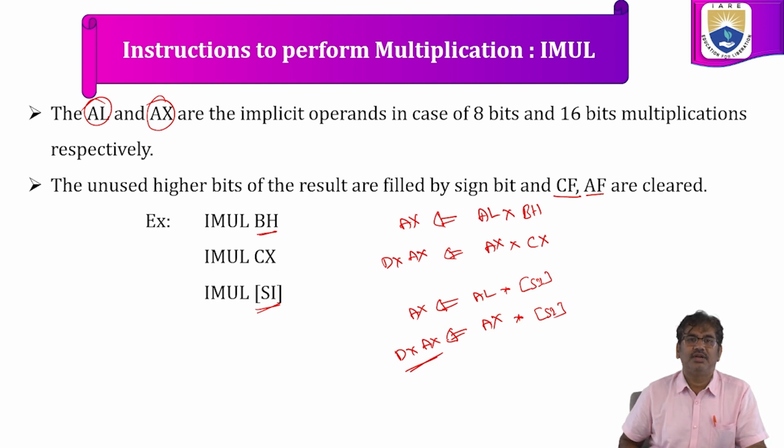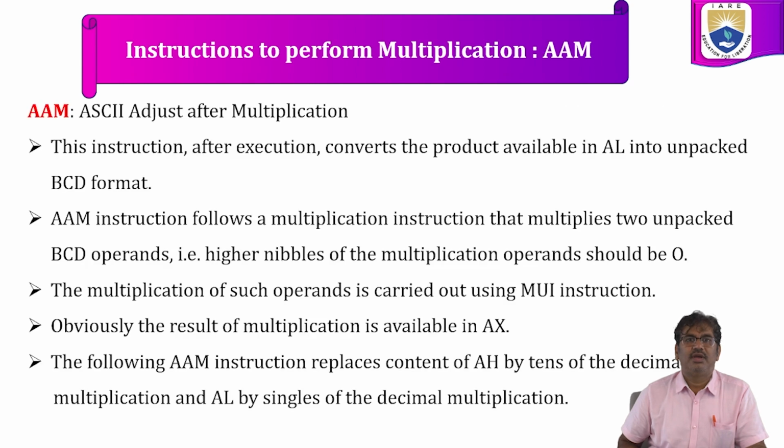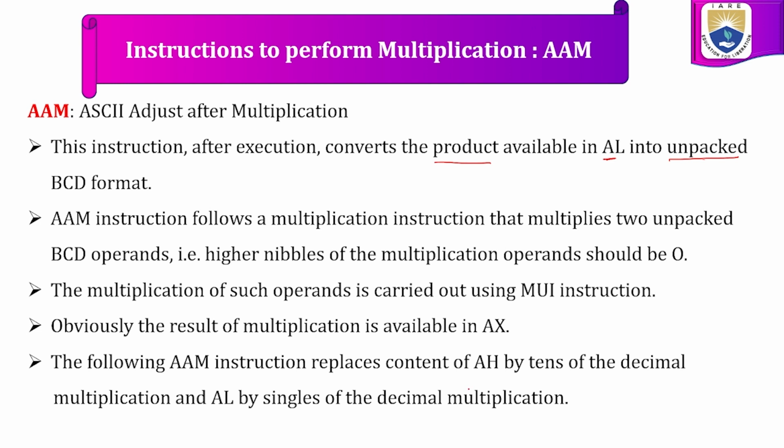So this is about multiplication for signed as well as unsigned. Next we will move to the next instruction, which is AAM, which stands for ASCII adjust after multiplication. This instruction, after executing, converts the product which is available in the AL register into unpacked BCD format.